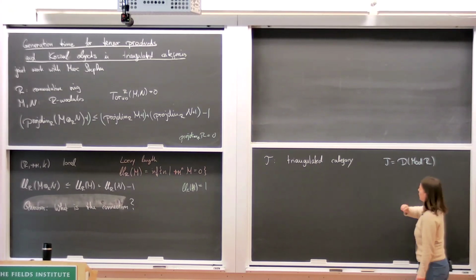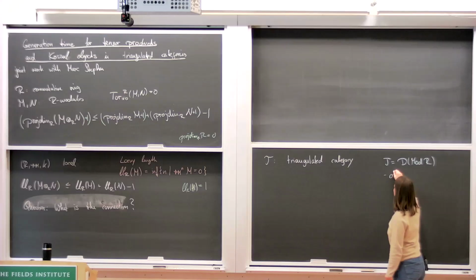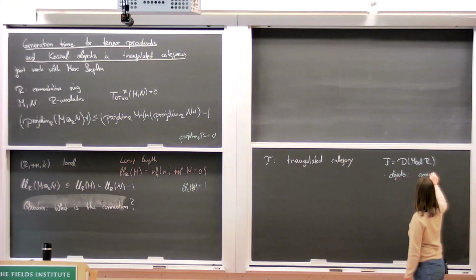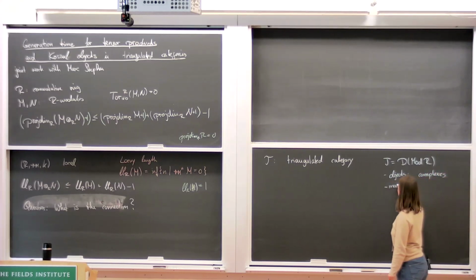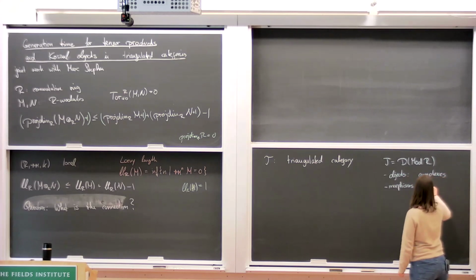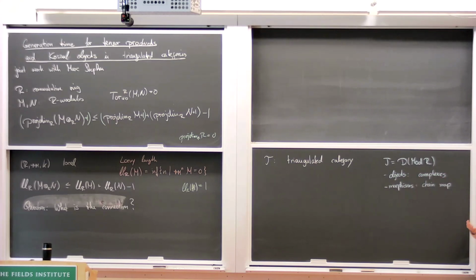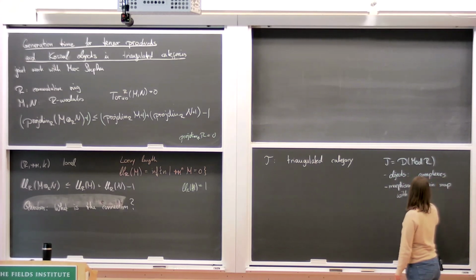And for those who haven't seen the derived category, or maybe as a reminder, the objects are complexes, and the morphisms are chain maps, so they have to commute. However, as I mentioned, we want that the resolution is isomorphic to the module. So we have to formally invert those maps. So those are the quasi-isomorphisms.